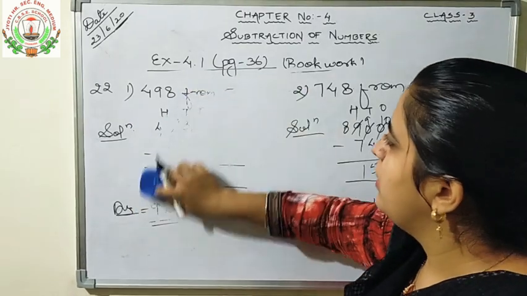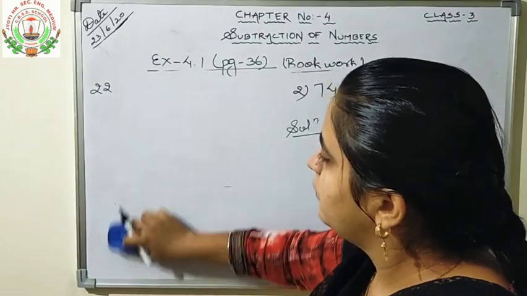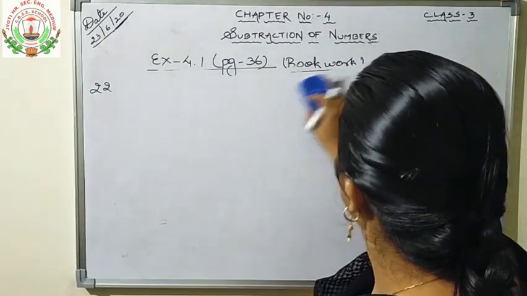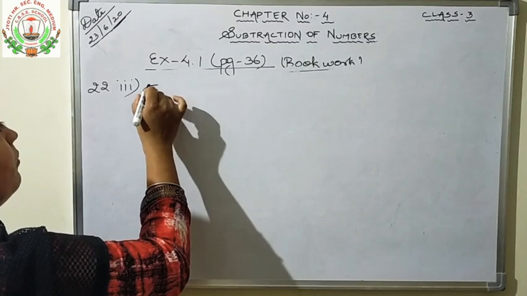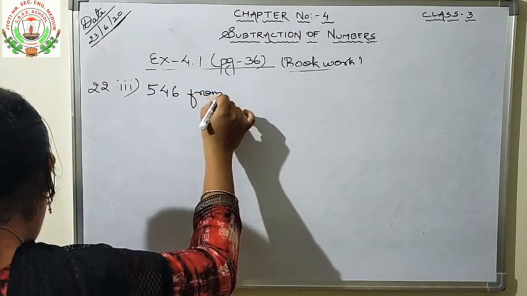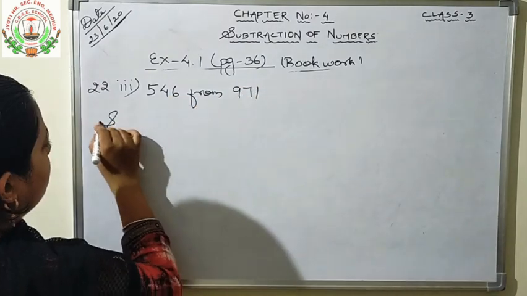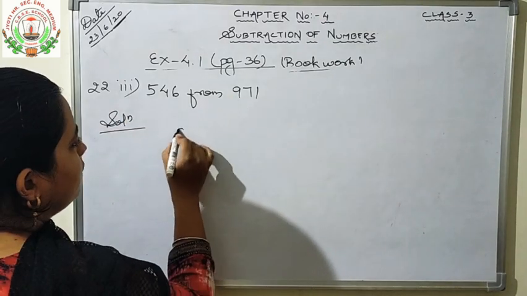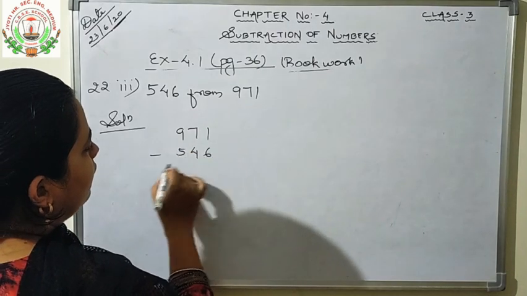Moving on to our question number 3. Question number 3 is 546 from 971. We will write the second number first. 971 minus 546.